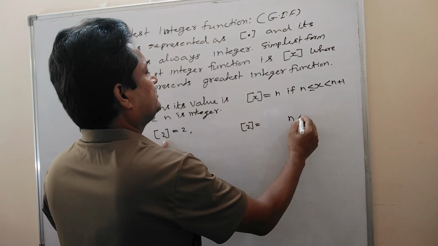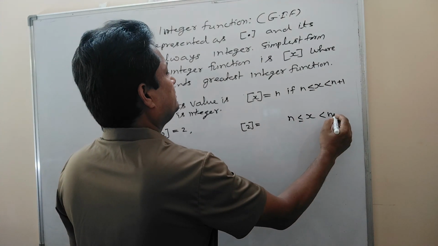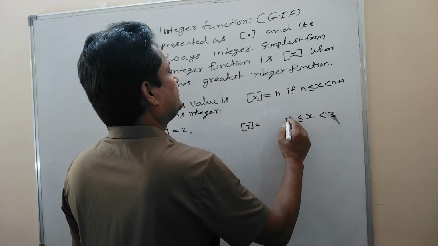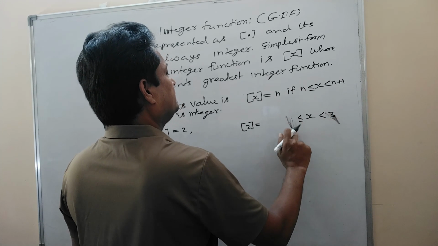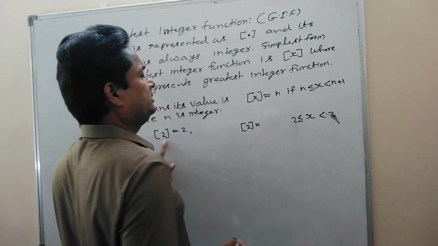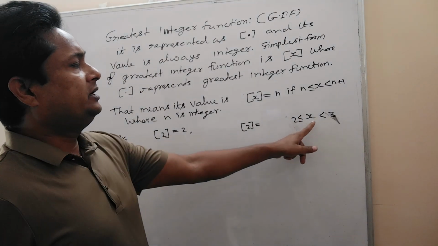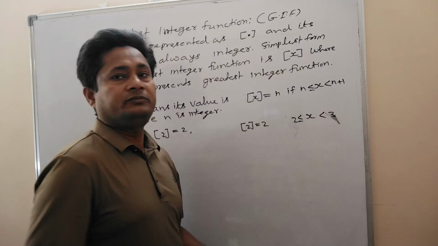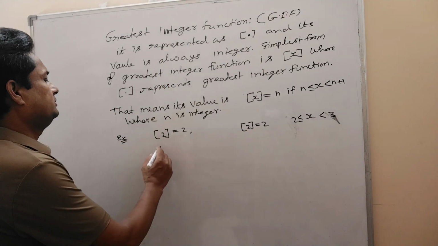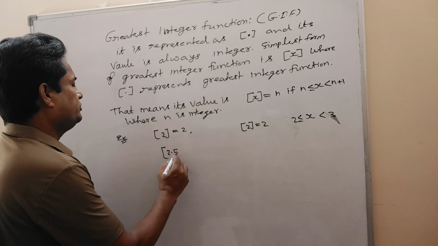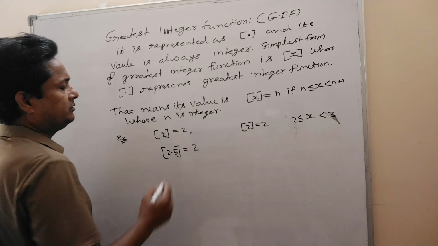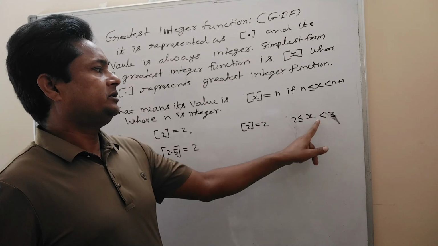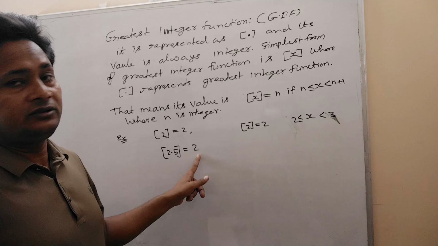So this must be less than 2 plus 1, that is 3. This is 2 to 3. That means any value which lies between 2 to 3, this value will always be 2. If you take 2.5, then this will also be 2, because any value lying between 2 to 3 will always be 2.